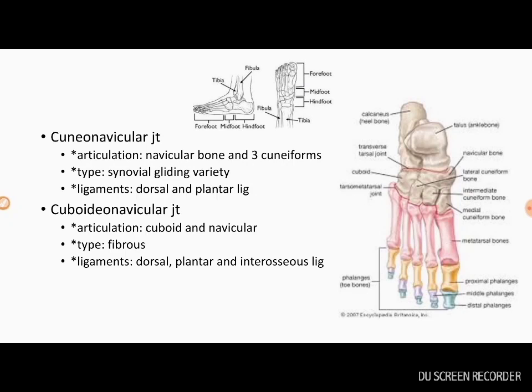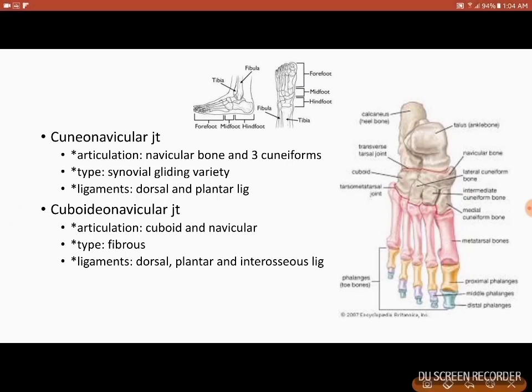Next is your cuneo-navicular joint. It is the articulation of the navicular bone and the three cuneiforms. And your cuboido-navicular joint, the articulation of the cuboid and navicular.